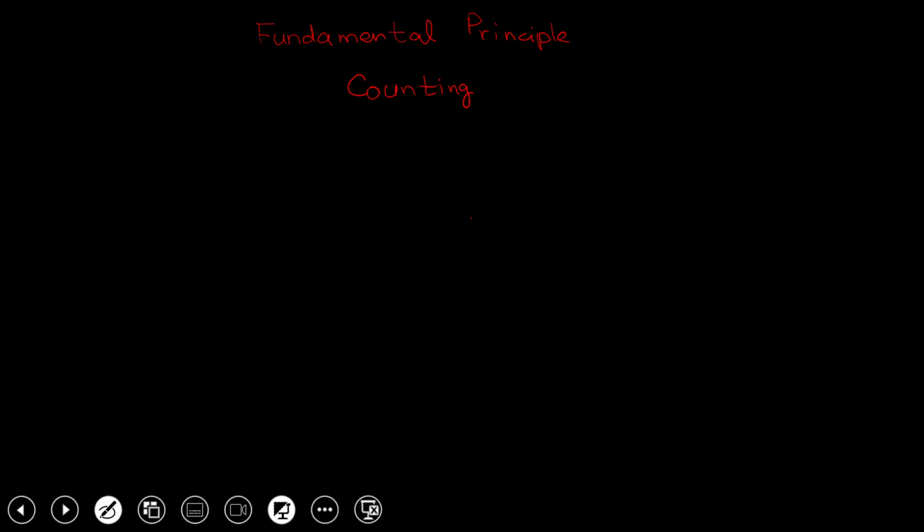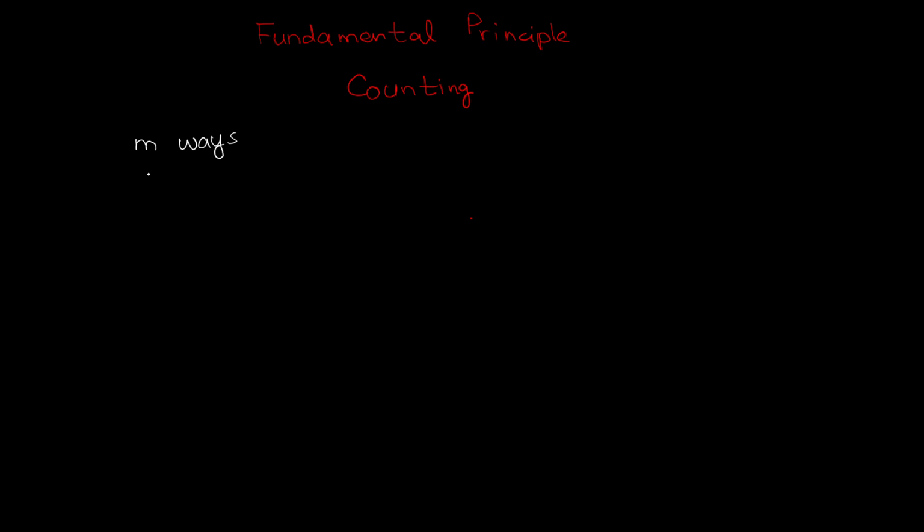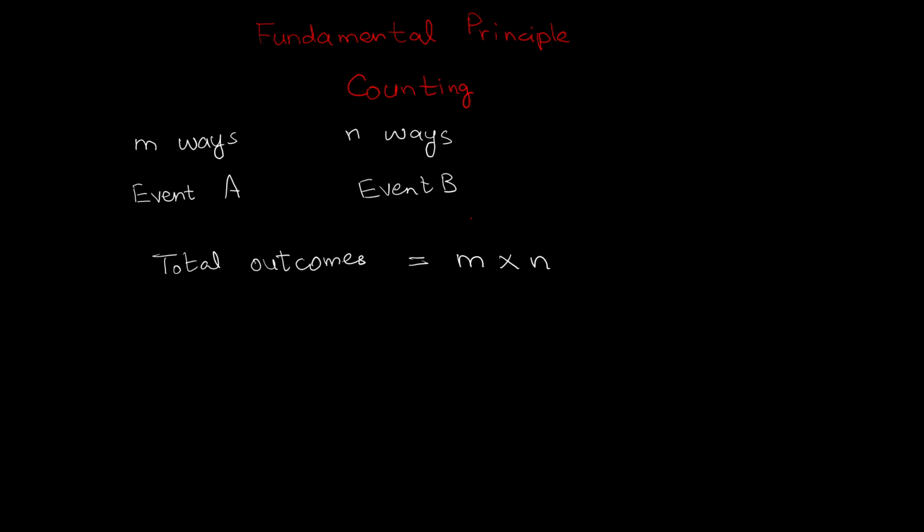If an event A can occur in M ways, and another independent event B can occur in N ways, then the total number of outcomes is M multiplied with N. Always multiply the independent choices.